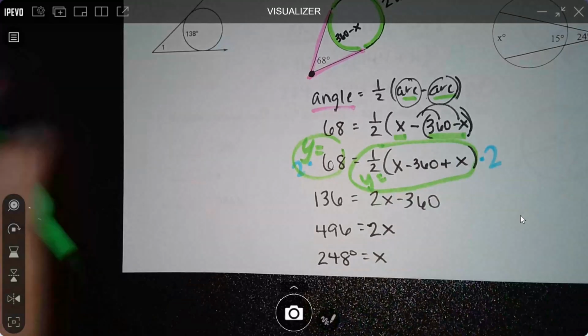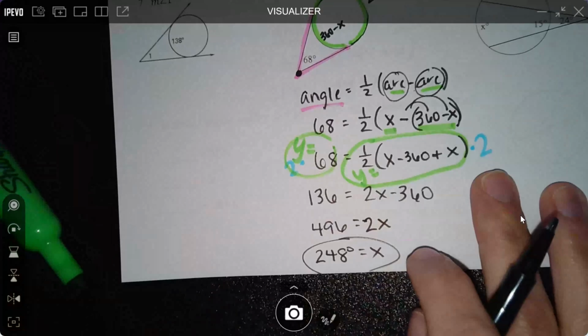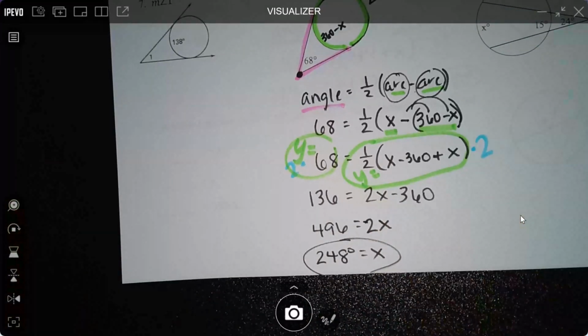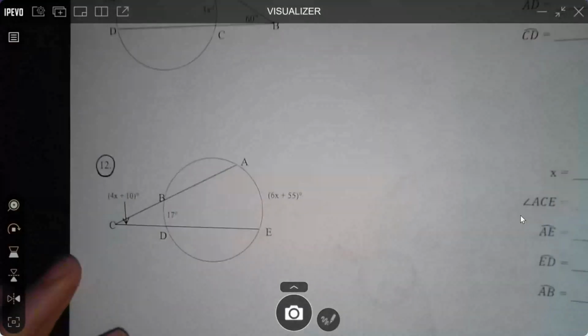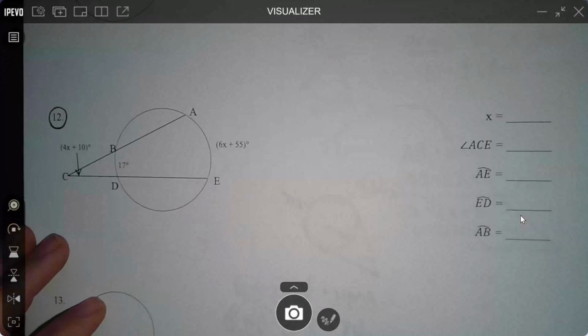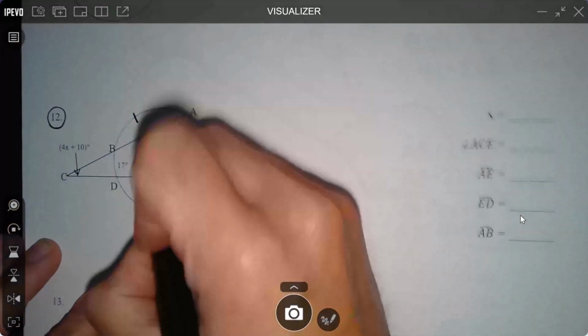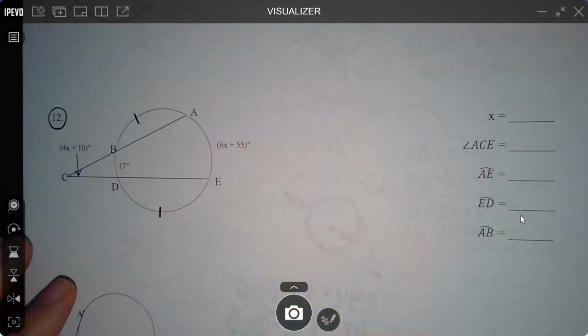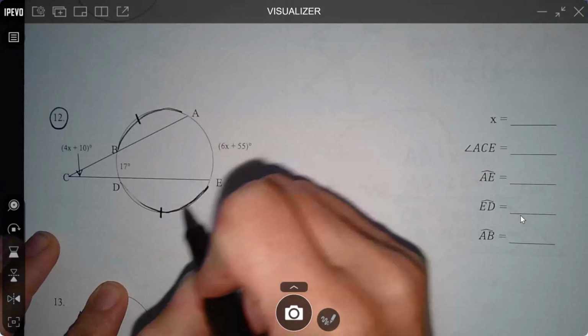I'm going to show you one more just to make sure we're all good. Flip that over, and we are going to do number 12 right here. There were some marks left off that should have been put right there, which means this arc is equal to this arc.